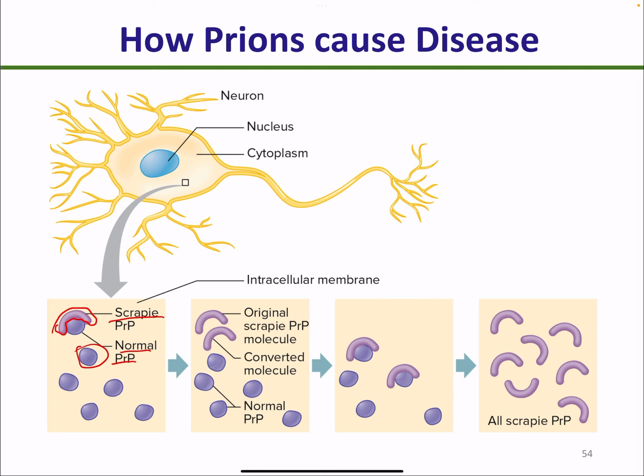From there, you have more and more that are going to change their shape. At the end of the day, you have everyone here that is misfolded. And that is bad news. And this is how prion is going to become an issue. So this is going to conclude this chapter. Thank you for your attention. And we'll talk to you in the next chapter.